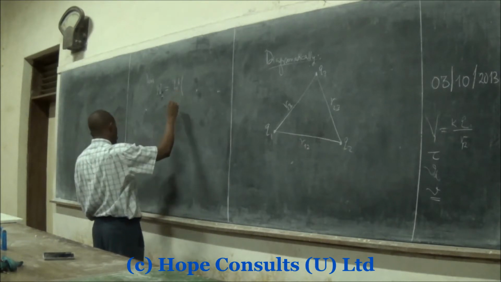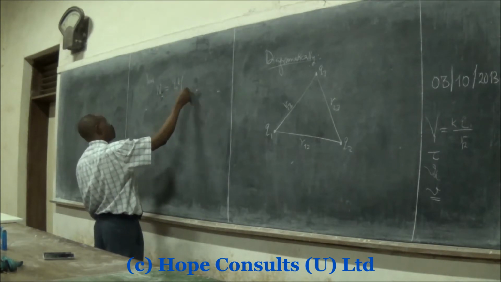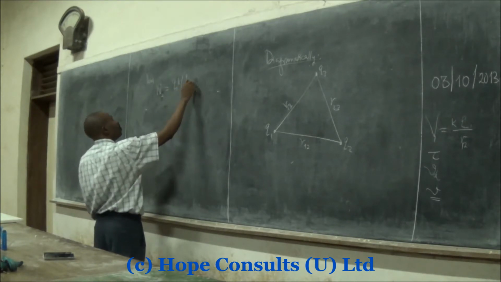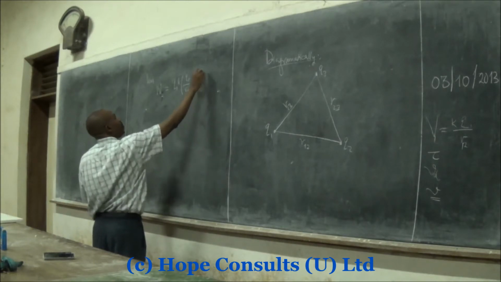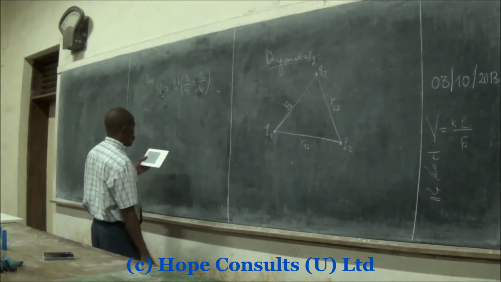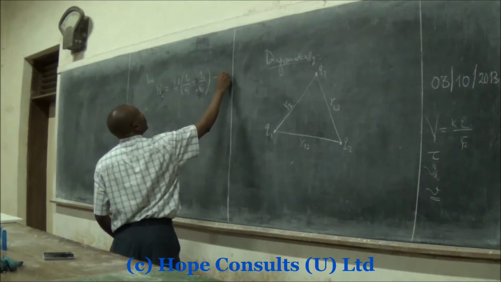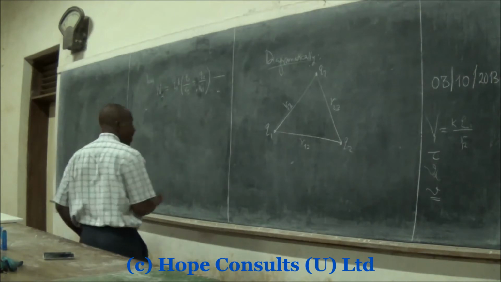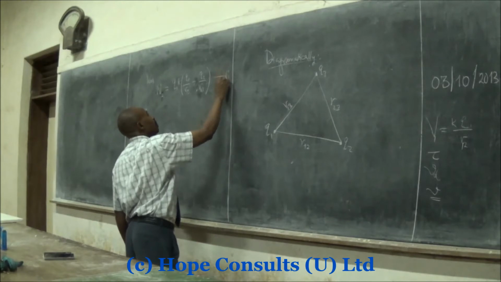So we have that this is V1 plus V2, which is Q1 over R13 plus Q2 over R23. And this is our equation 2.